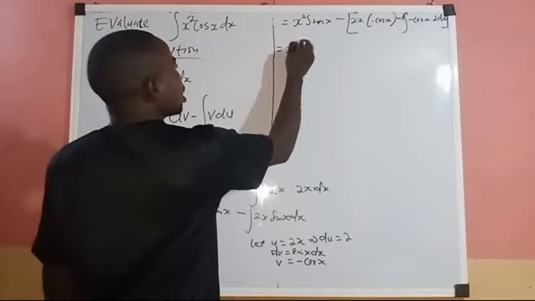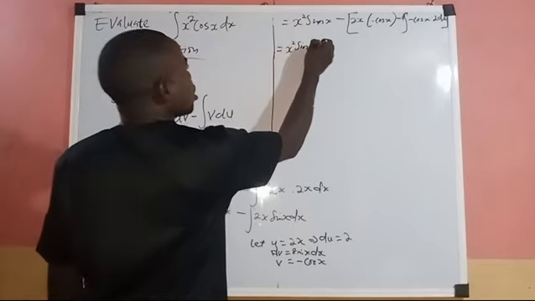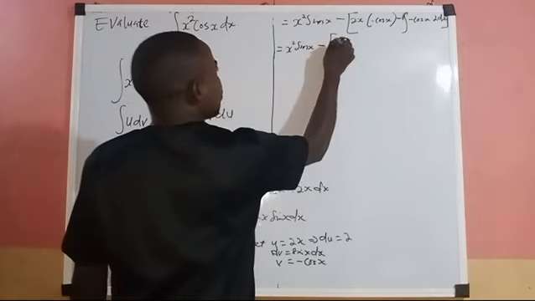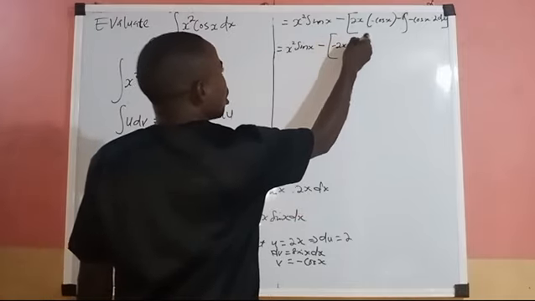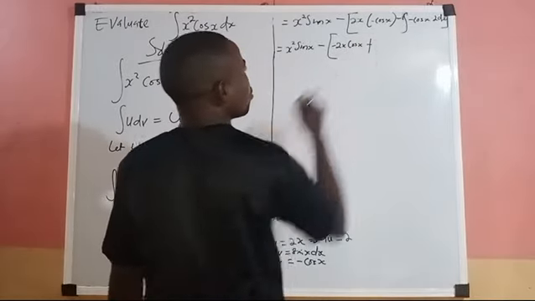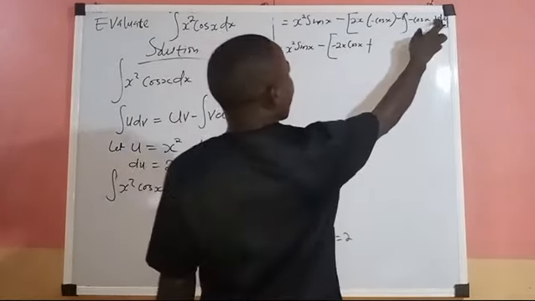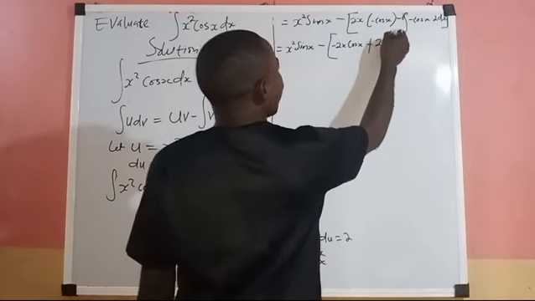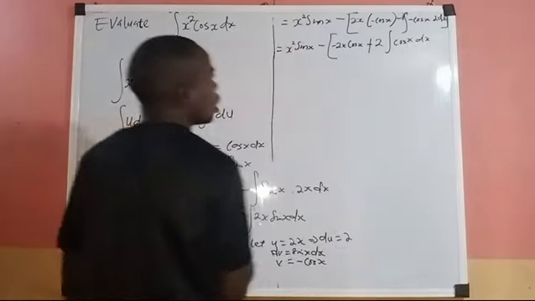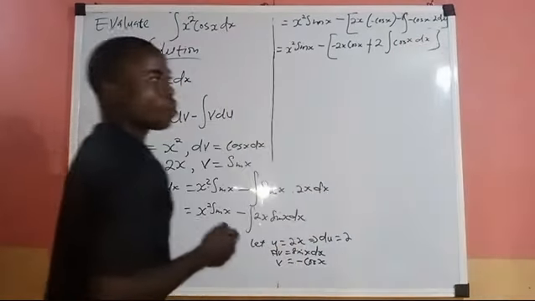This is going to give us x squared sine x minus our bracket. So we have minus 2x cos x minus, and I can factorize this minus out, so I have plus right here. Then I can factorize this 2 out, and I have integral cos x dx right there. I close my bracket.